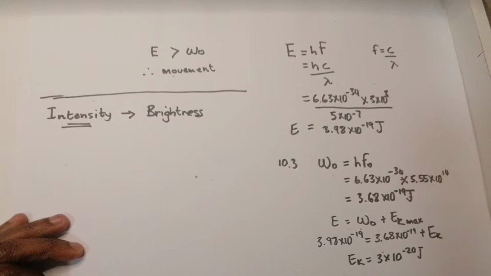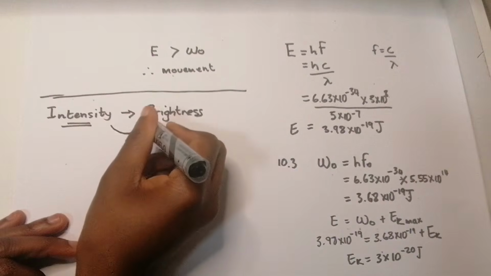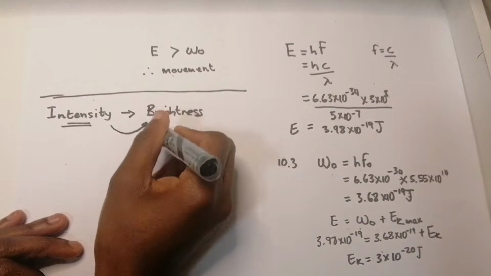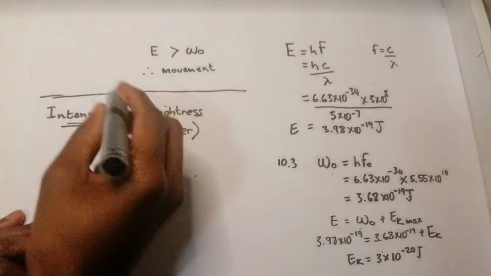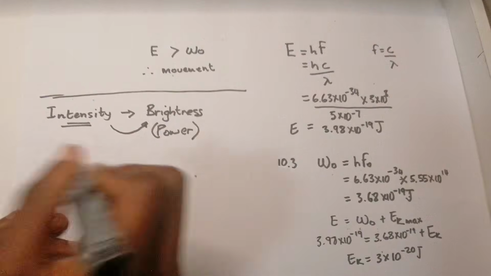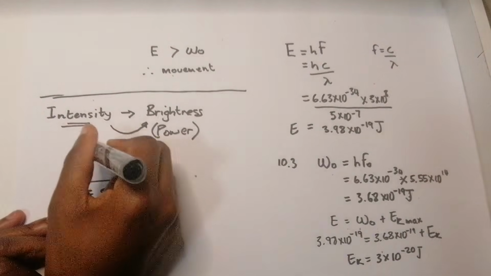So when we're talking about brightness of light, what it simply is related to is the amount of power that a light has. Are you with me? So in this case, it means that we've got a light which has a certain amount of brightness. When you increase intensity, I want you to please listen carefully. Suppose we had electrons that were in a metal, and we shine a light onto it.